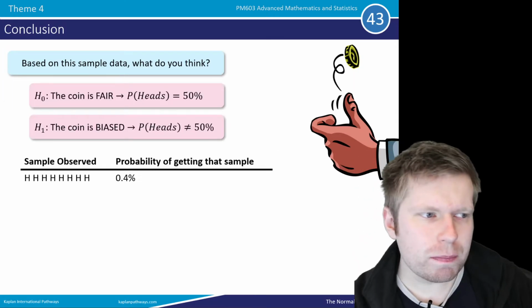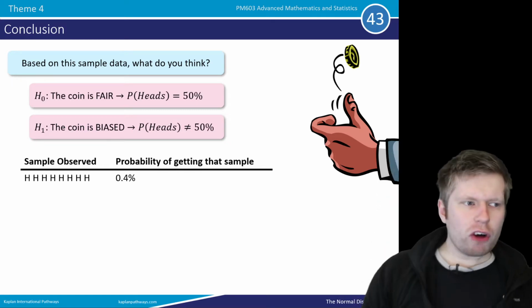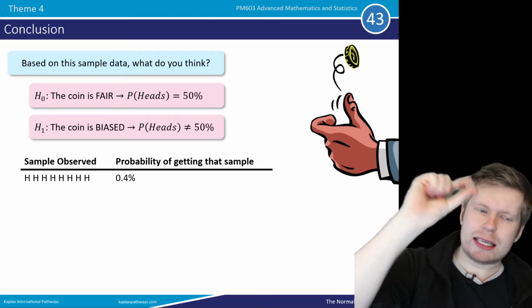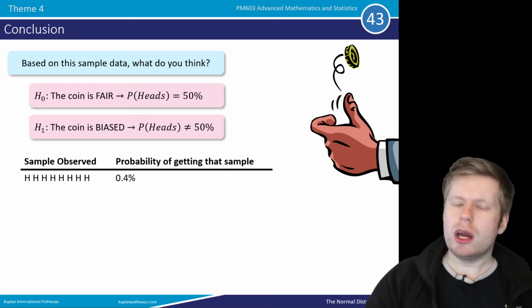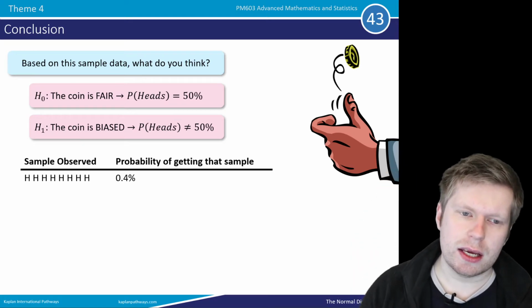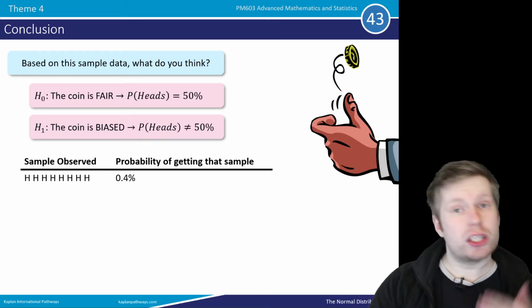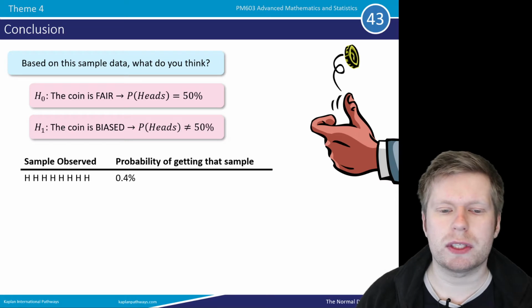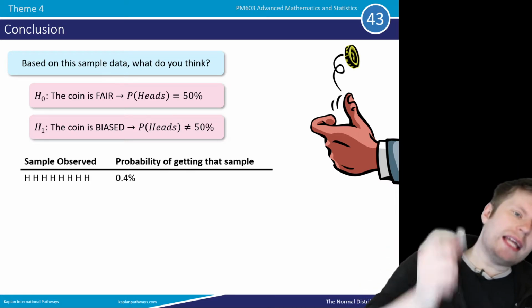So what have we got going on here then? We make our decision, okay? We started off by saying, look, we have the null hypothesis, which is that this coin is fair. In other words, there's an equal chance of getting a heads as there is tails. Probability of getting a heads is 50%. The alternative hypothesis, the coin is not fair, it's biased. In other words, the probability of getting a heads is not equal to 50%. Then I flip this coin 8 times.